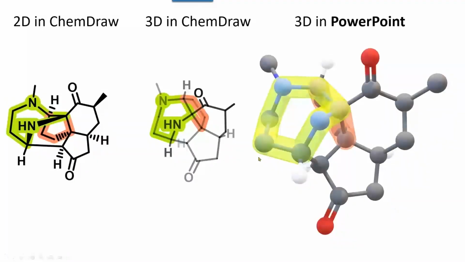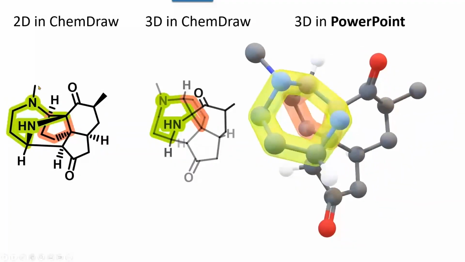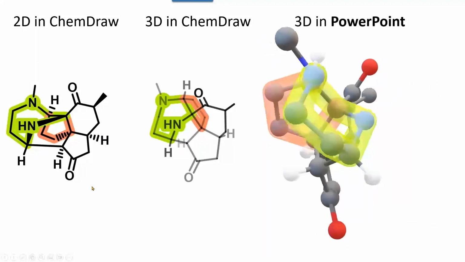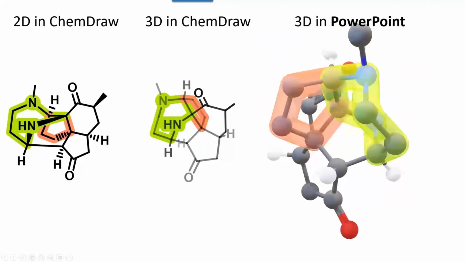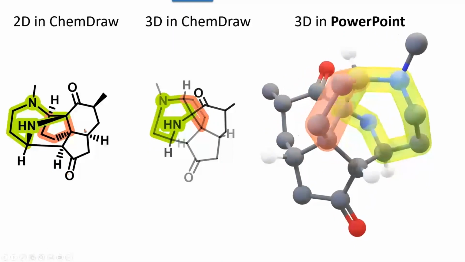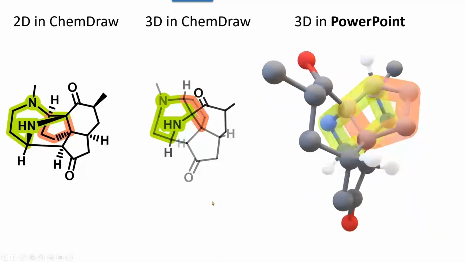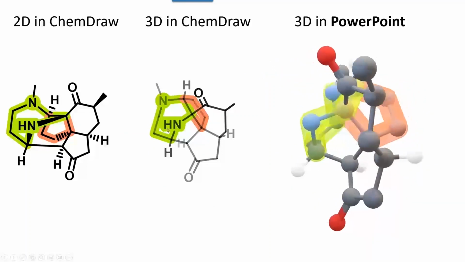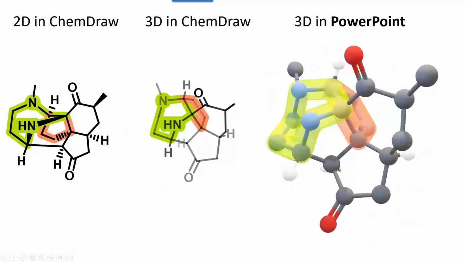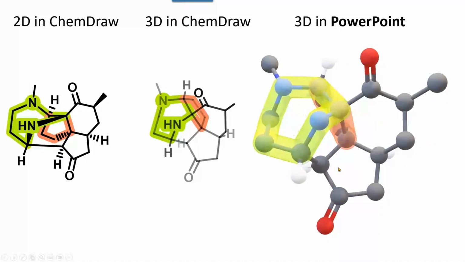So in essence, you can have 2D in ChemDraw, that obviously you know, a 2D flat representation with wedges and hashed wedges, that can turn into 3D in ChemDraw, and then this 3D in ChemDraw can be transferred as a native 3D object, to be more precise, a 3D printable object whose format is natively supported by Microsoft in PowerPoint.